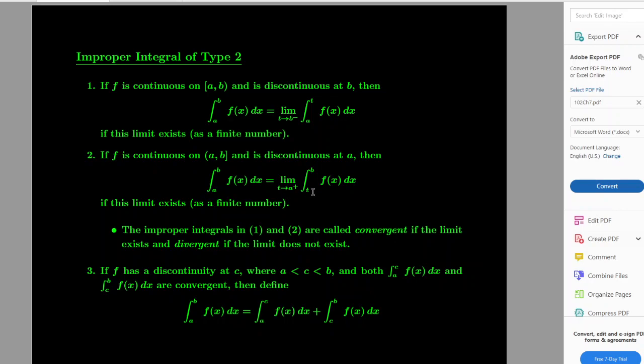You replace a with t, and then you take the limit as t approaches a from the right. And likewise, you have other cases. Probably the next question I want to show you is something like case 1.